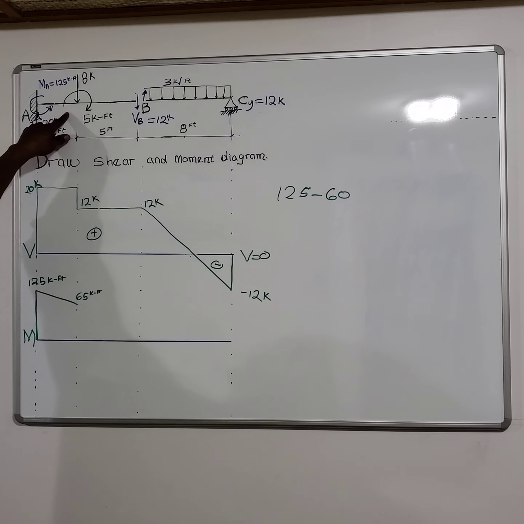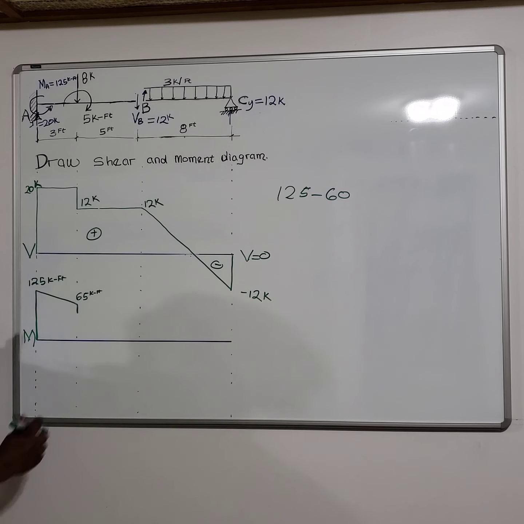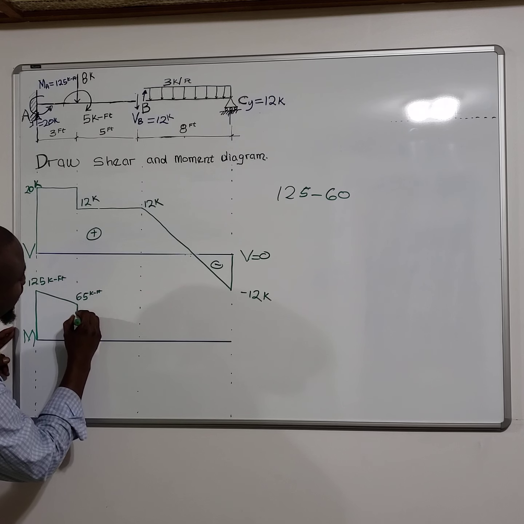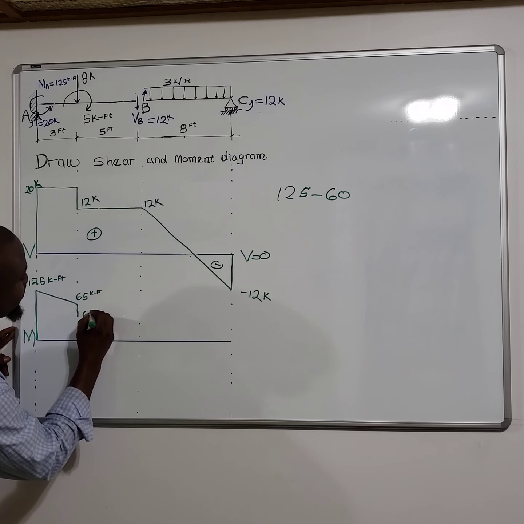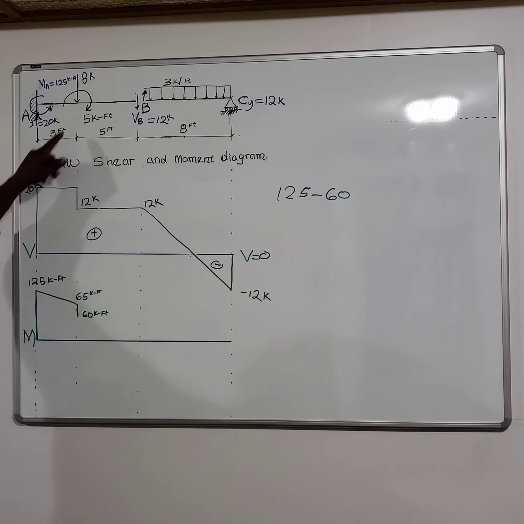Now we have another moment jump, a concentrated moment of minus 5 kips. That minus 5 is going to create a sudden jump, and because it's negative, it's going to bring your graph downward. So 65 minus 5 will give you 60. That means this point here is 60 kip-feet.